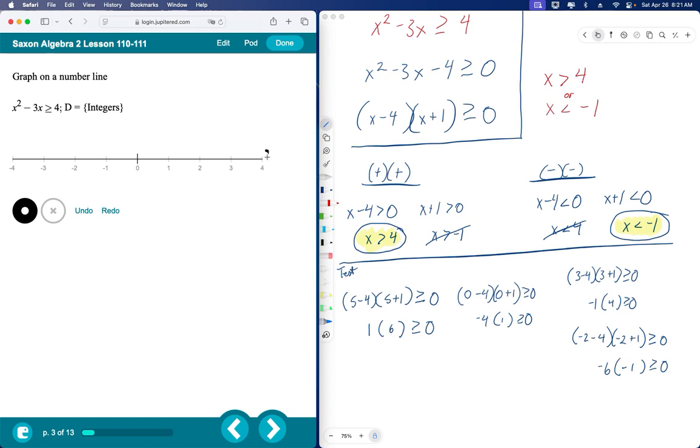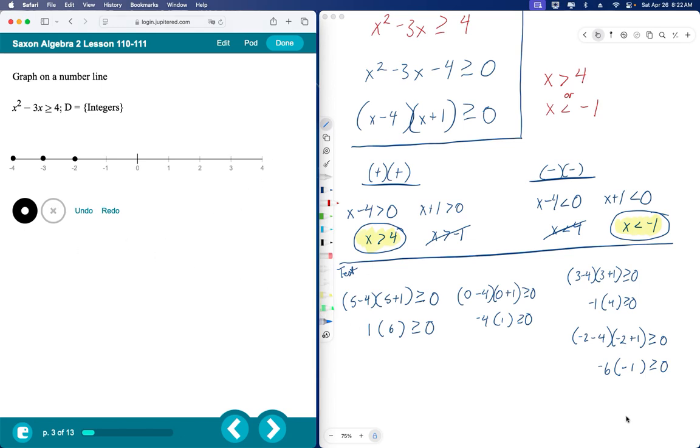So I can do a little arrow over here, and less than negative 1. It would be this, this, this, I'm pretty sure. So I think that's all we can do. I think that's all I can do.